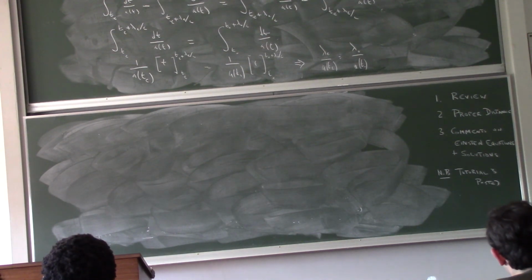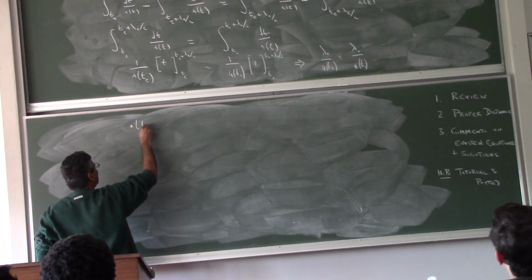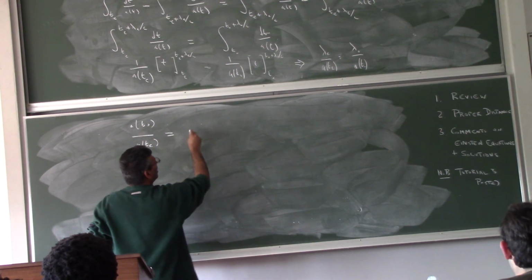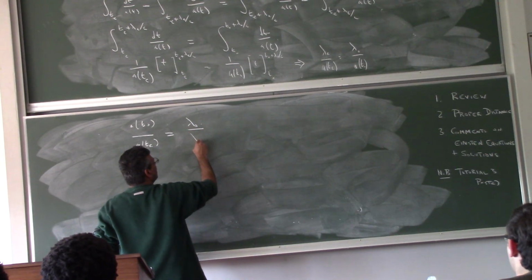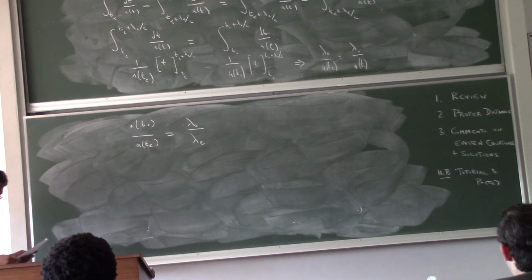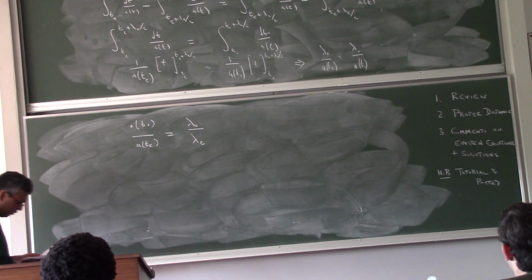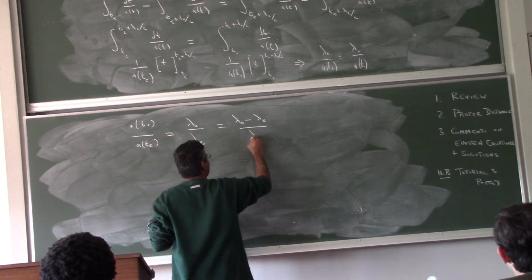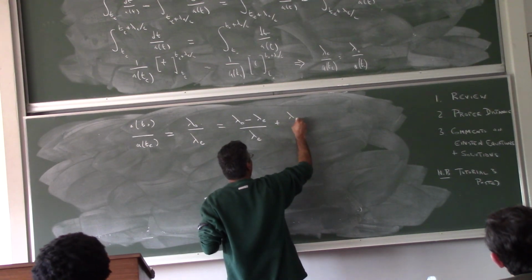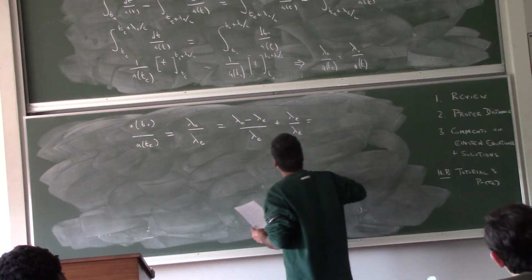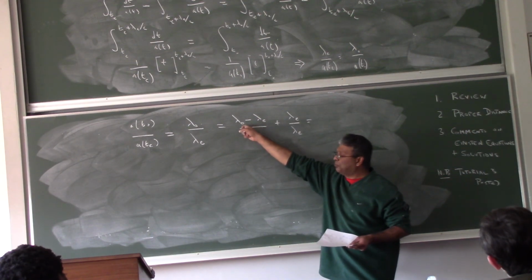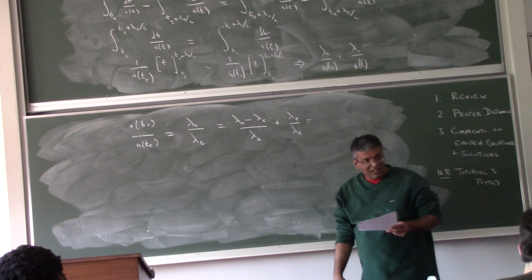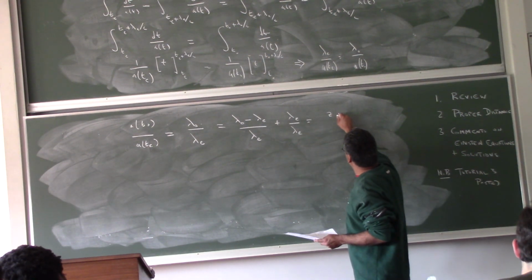So the ratio A of T0 to A of TE is, rearranging terms, lambda 0 over lambda E. So this equals lambda 0 minus lambda E over lambda E plus lambda E over lambda E. This difference in the wavelength observed and the wavelength emitted, divided by the wavelength emitted, is what? The redshift. So this equals Z plus 1.